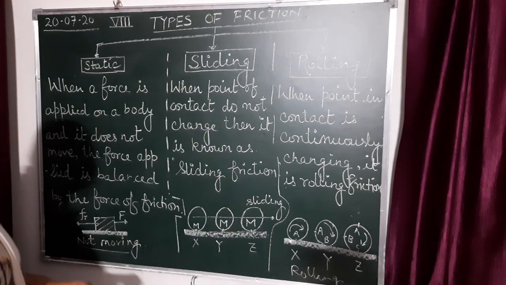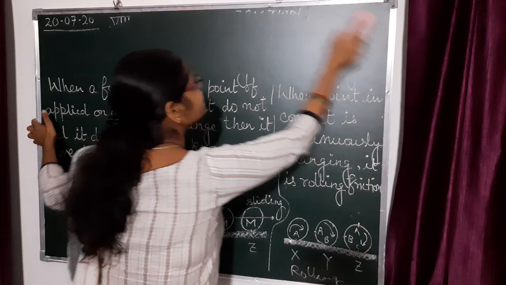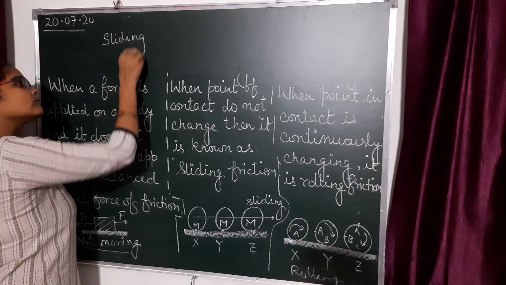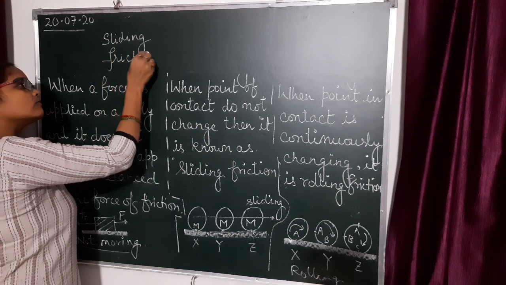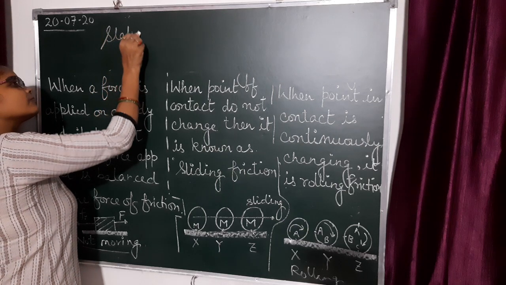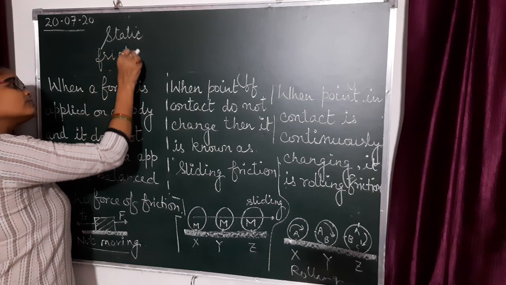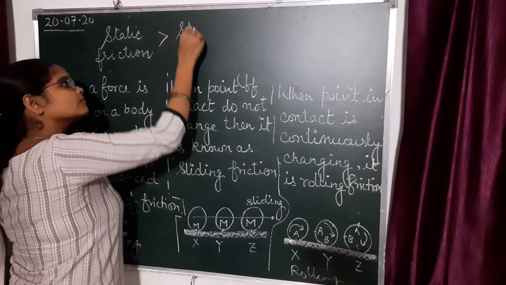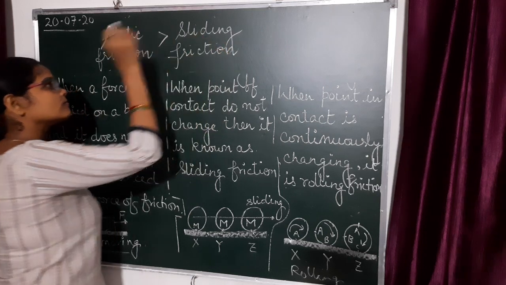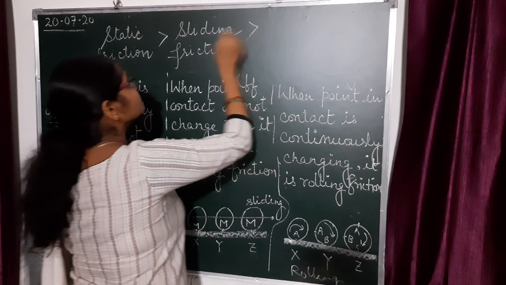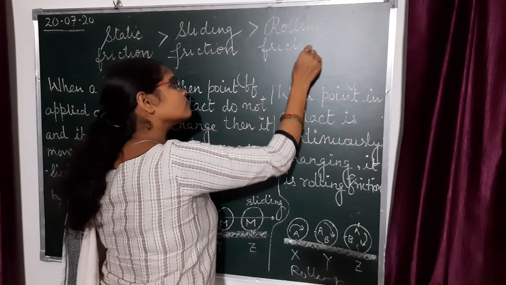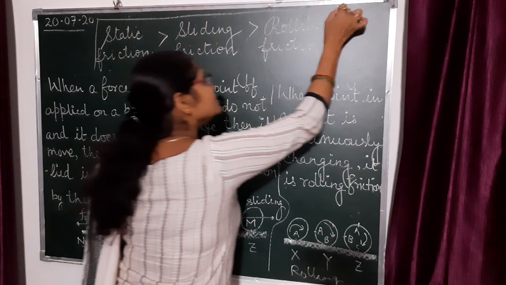So from here we can conclude one thing. What we can conclude is that sliding friction is greater than, sorry, this is the relation between these three frictions.